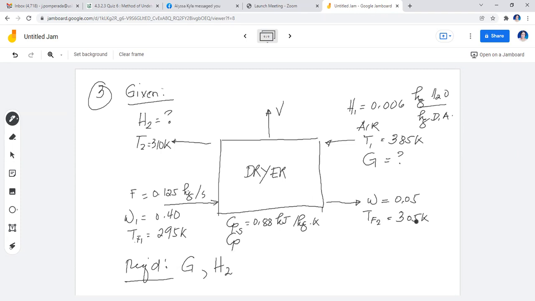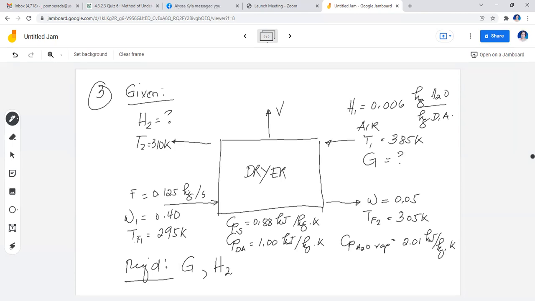The CP of dry air has its own CP, which is 1.00 kilojoule per kilogram Kelvin. We have the CP of water vapor. Place it here. That would be 2.01 kilojoule per kilogram Kelvin. What else? So these are the three CPs mentioned.